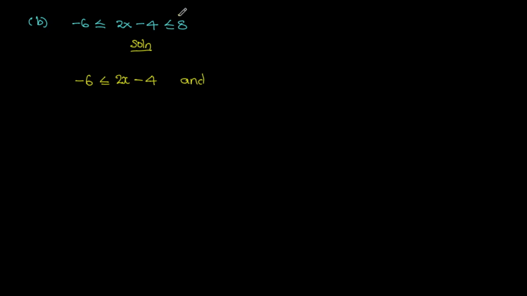For the first one, we pretend we don't have less than or equal to 8. Now the second one, we're pretending we don't have negative 6 is less than or equal to here. So we shall write the second one as 2x minus 4 is less than or equal to 8.